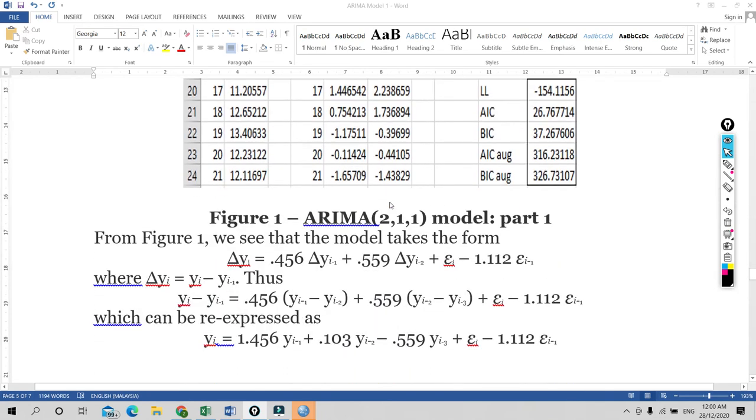So now the initial model, this one, this is the initial model. Because we did a differencing just now, we have to consider it.